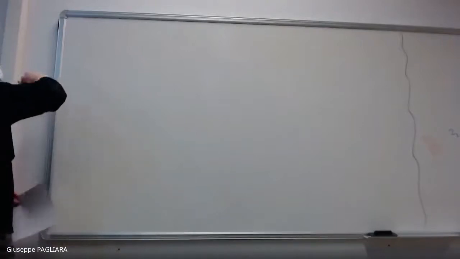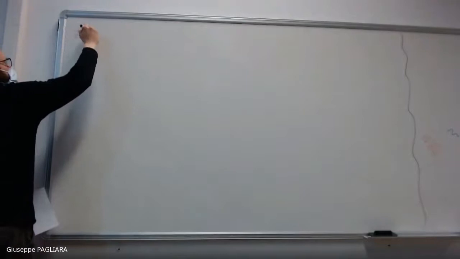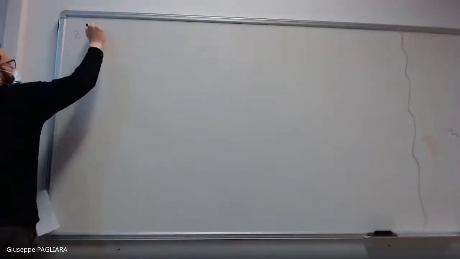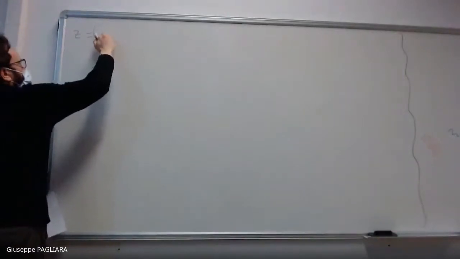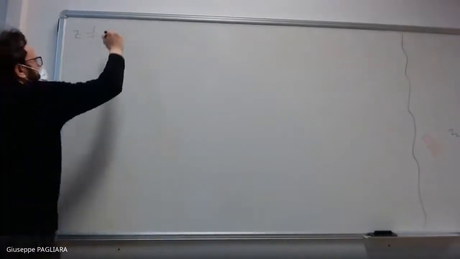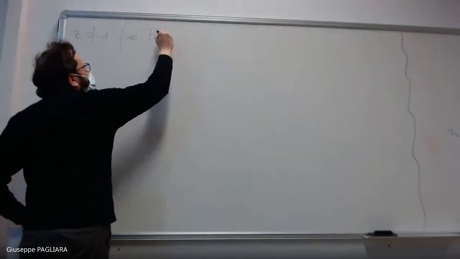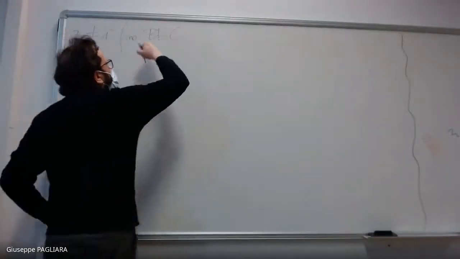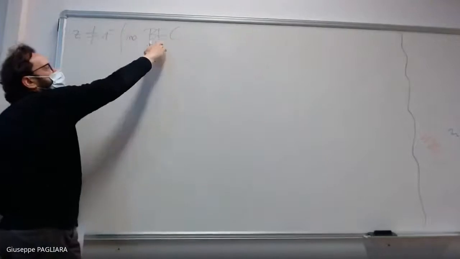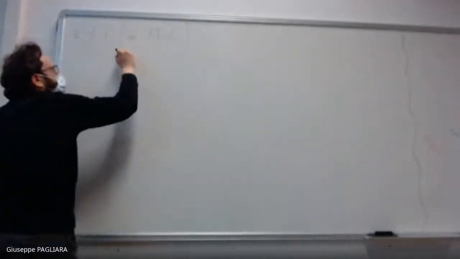And let us consider again z different from 1. So the way to write Bose-Einstein condensation usually is BEC. Okay, this is Bose-Einstein condensation.